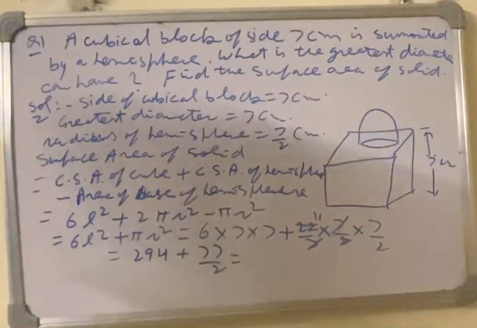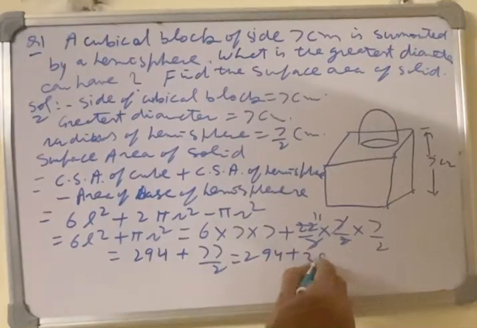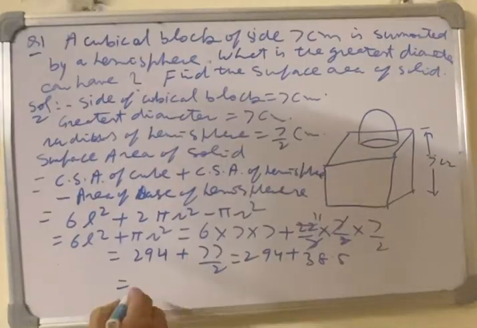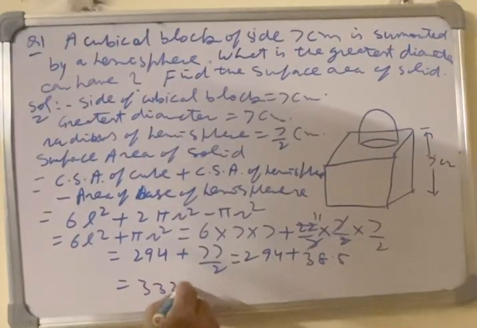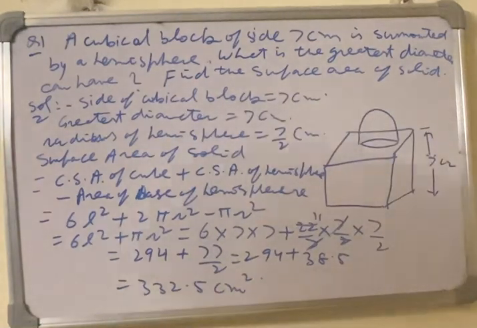So this is 294 plus 38.5. We add this. This is 332.5 centimeters square. Then we take second question.